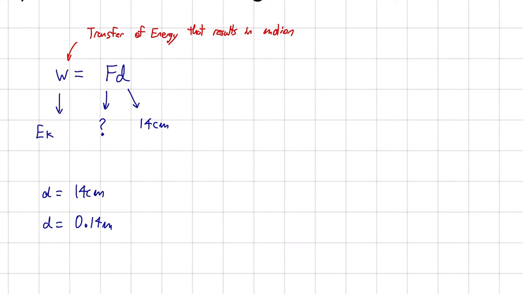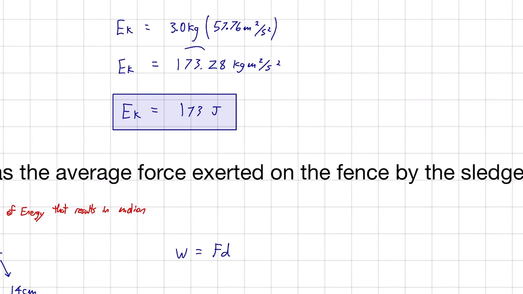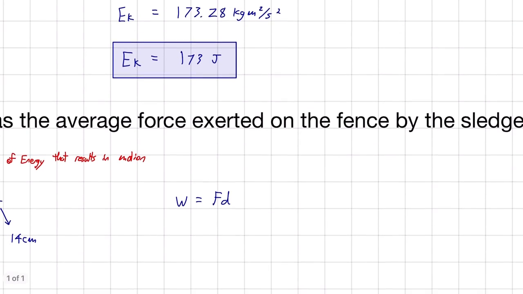Okay, so now let's plug all our known values into this equation. Work is equal to force times distance. The work, remember, is our kinetic energy, so I'm actually going to use this value with the decimals because it'll be more accurate.